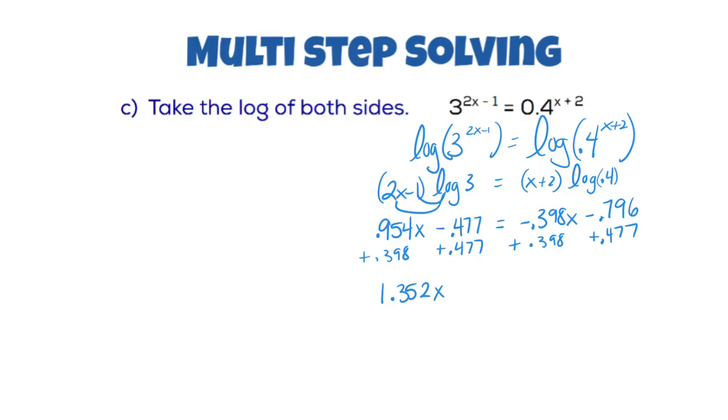Now, in this case, it was already positive, so I don't have to worry about doing the minus and negative on this. Negative 0.319. Last step is to divide. Go grab the full value of this to divide. X is equal to negative 0.236.